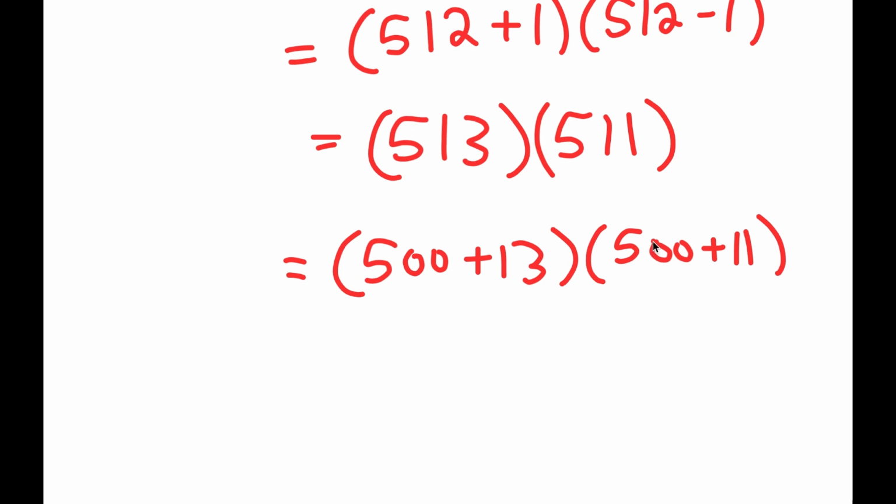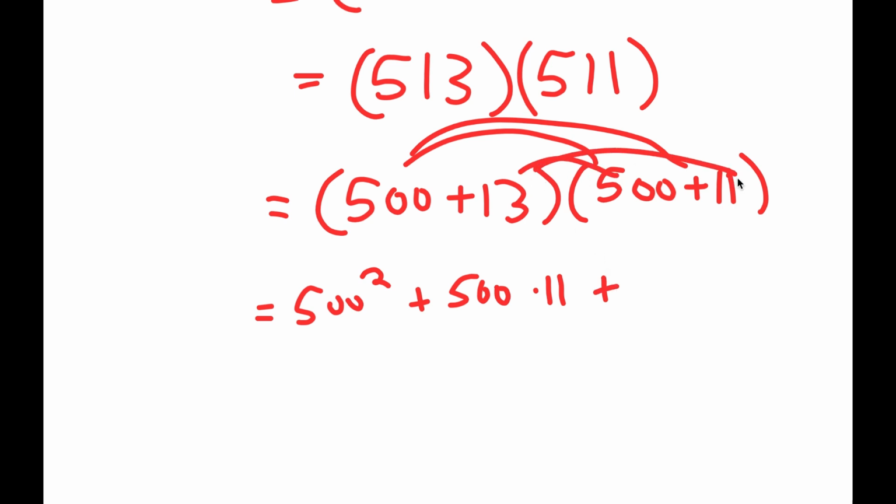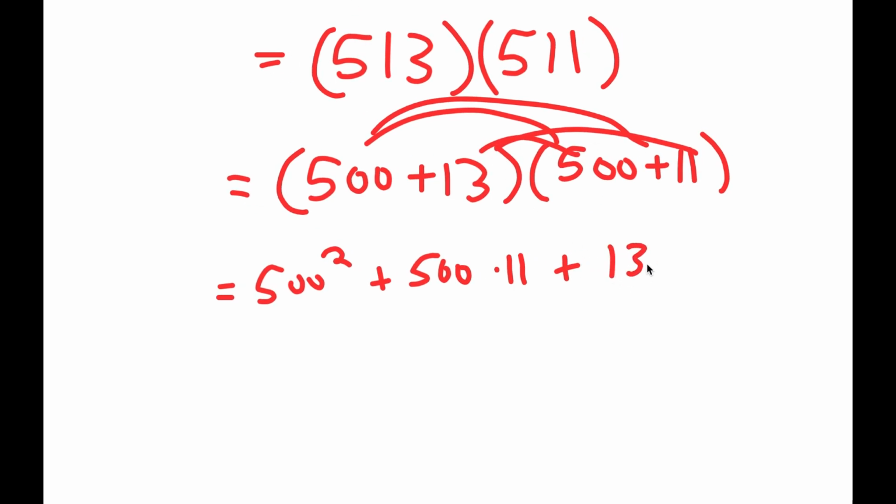So I get 500 plus 13 times 500 plus 11. And now I can distribute. So I get 500 squared plus 500 times 11 plus, and distribute 13, so I get 13 times 500 plus 13 times 11.